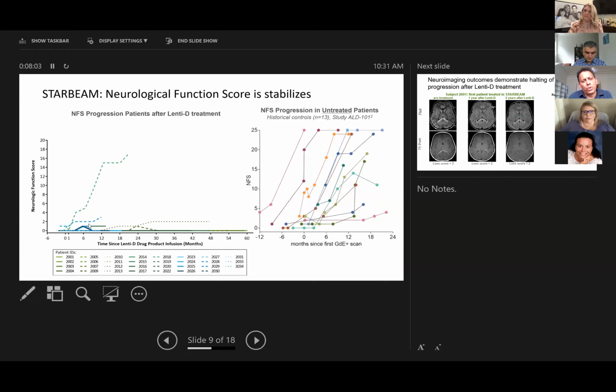There were 2 other boys who had some contrast enhancement that reemerged, and they underwent a separate bone marrow transplantation and dropped out of the study. But the vast majority of the boys, and we've treated now more than 35 boys, they are neurologically stable. And this is in stark contrast to what we see in an untreated cohort, where usually the NFS scores increase and patients become more and more symptomatic.